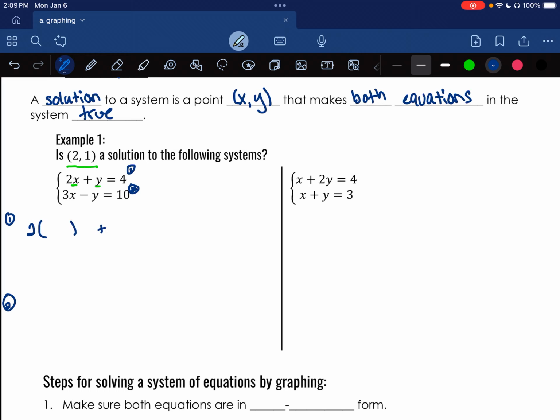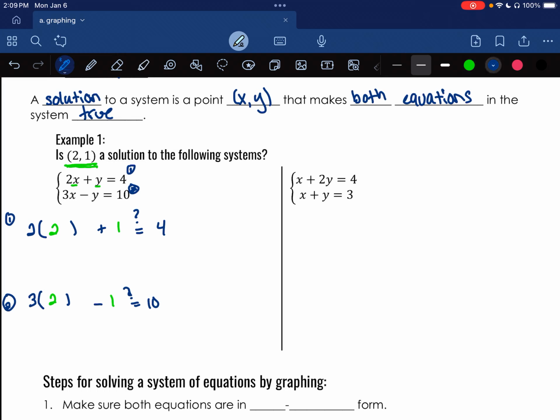I'm going to leave little placeholders where x and y were and a little question mark over the equal sign because I'm not sure if these are going to end up being equivalent or not. Now I'm going to plug in this 2 comma 1. I like to use different colors here so that I can visualize when I'm looking back over my notes later. This green ordered pair is what I plugged in.